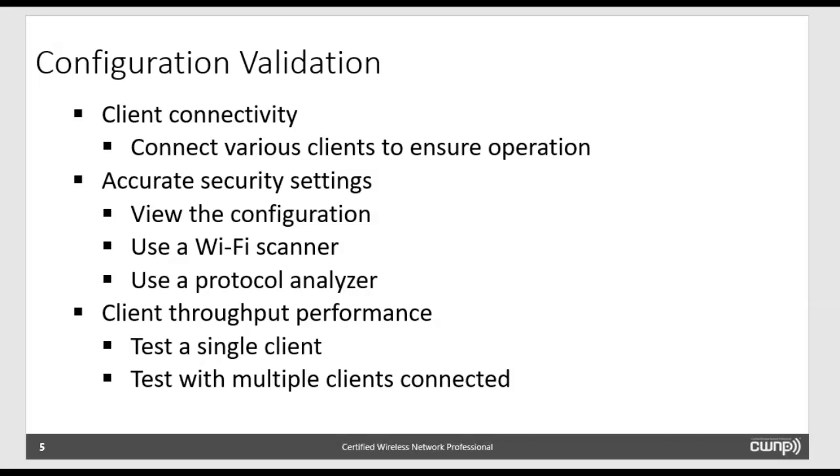And then you're going to use a protocol analyzer to make sure it's got everything you want. But when you test the throughput, you want to test a single client, make sure the single client is working. But you also want to make sure, does your network meet specs under a workload with multiple clients?